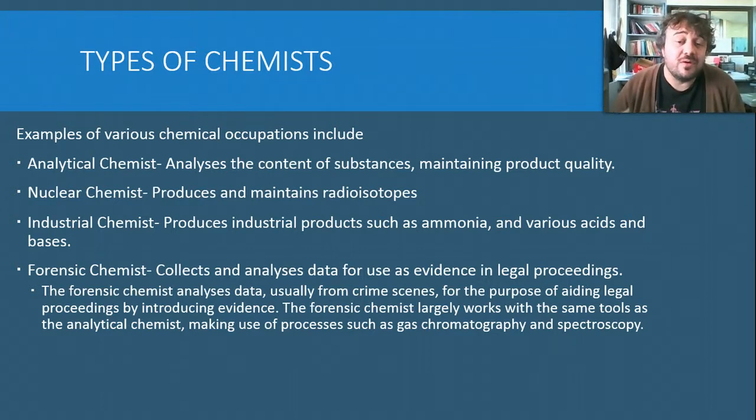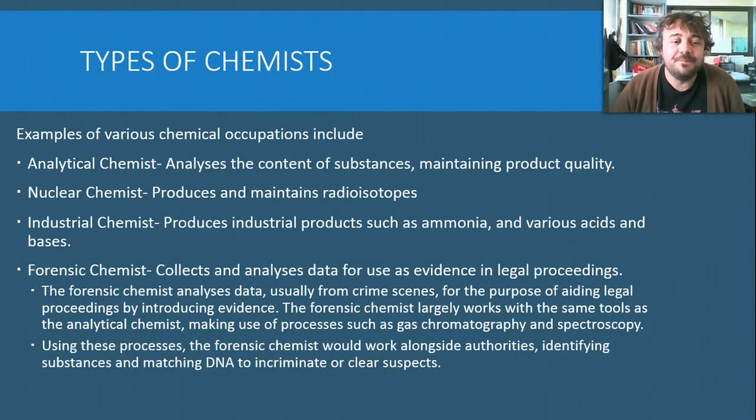The forensic chemist will also work with the same tools as the analytical chemist because they're an analytical chemist, just for a specific purpose. They'll make use of processes such as gas chromatography, spectroscopy, and a few others, but those are the two we'll focus on. A forensic chemist is not working alone.